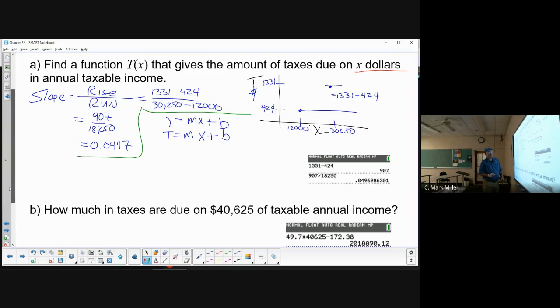And we're going to use one of our points. Let's use this point right here. This is the point 12,000, 424. So the taxes due are 424.